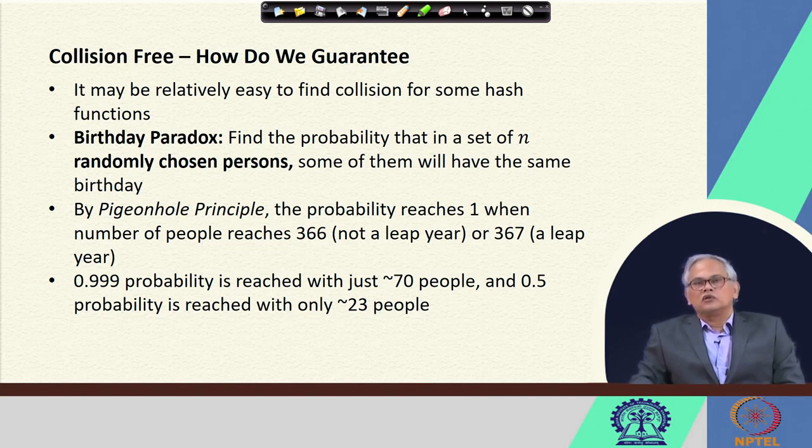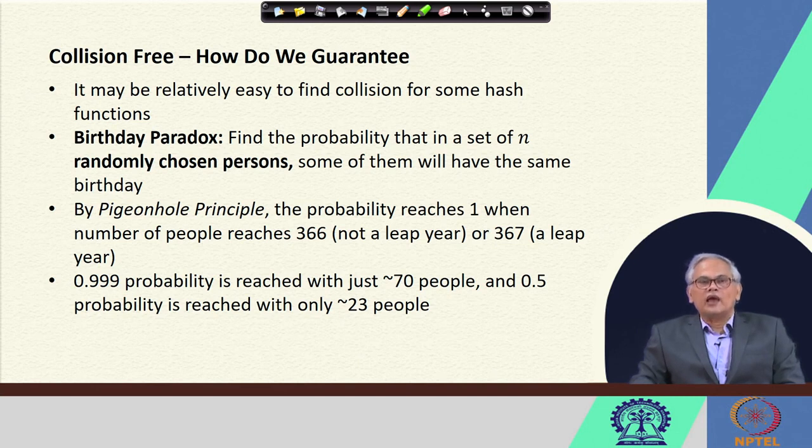Of course, that is quite obvious, but it can be shown that even with only 70 people, the probability of two persons having the same birthday reaches 0.999, and even with only 23 people, it reaches a probability of 0.5.